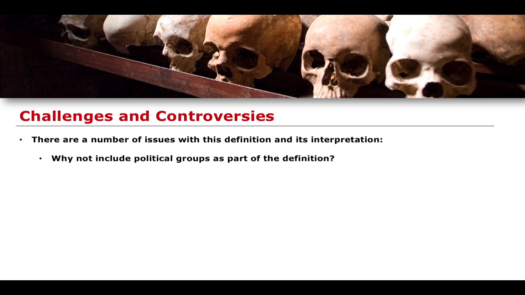They also were seeking out to kill Bolsheviks, or to be killing like sort of communist intelligentsia. It became a political issue as well as an anti-Semitic issue or a racial issue. So political groups, for some reason, are not included in the definition, despite the fact that they are definitely included when we think about a lot of genocidal acts that have taken place, the Holocaust being one of the most prominent.